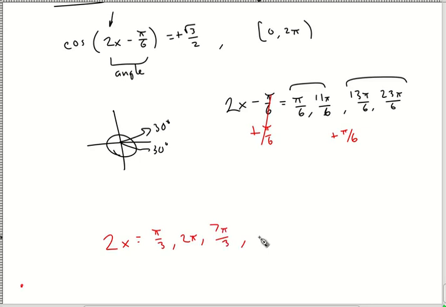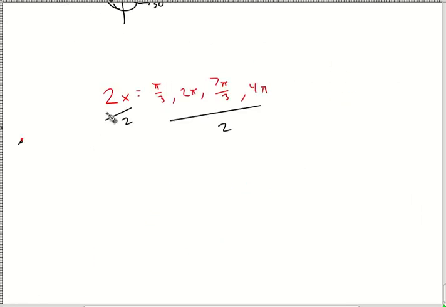Is that what I got? Yes. And then finally over here you add one more, you get 24 over 6, which is 4 pi. Okay. Whew. Divide by 2. I'm just doing what Chad would do. And so now I got my pi over 6. I've got these two cancel, make a plain old pi. I got a 7 pi over 6. And then I've got a 2 pi. Okay.